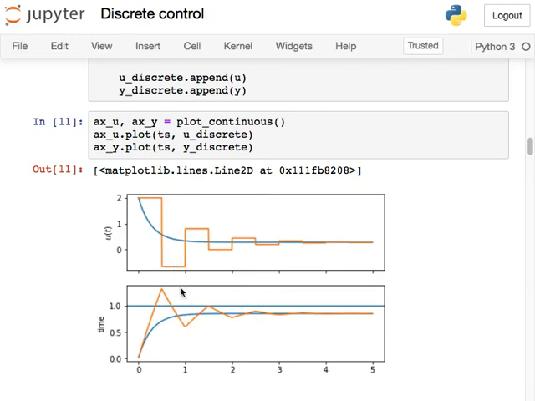Clearly that is very different from the continuous controller. And our solution to that problem is to use a very small step size. And look, when I use a very small step size, I get exactly the same behavior as a continuous controller. And that is not a good way to think, because that is not the goal.